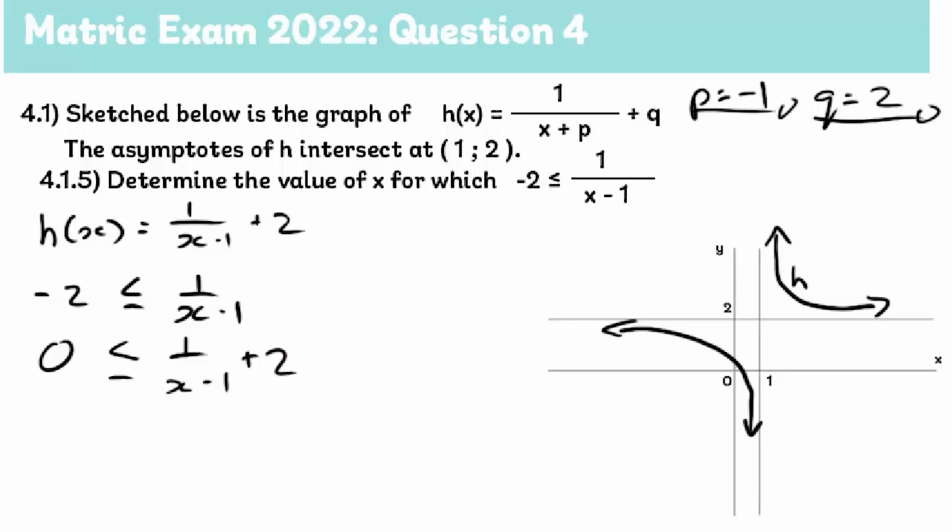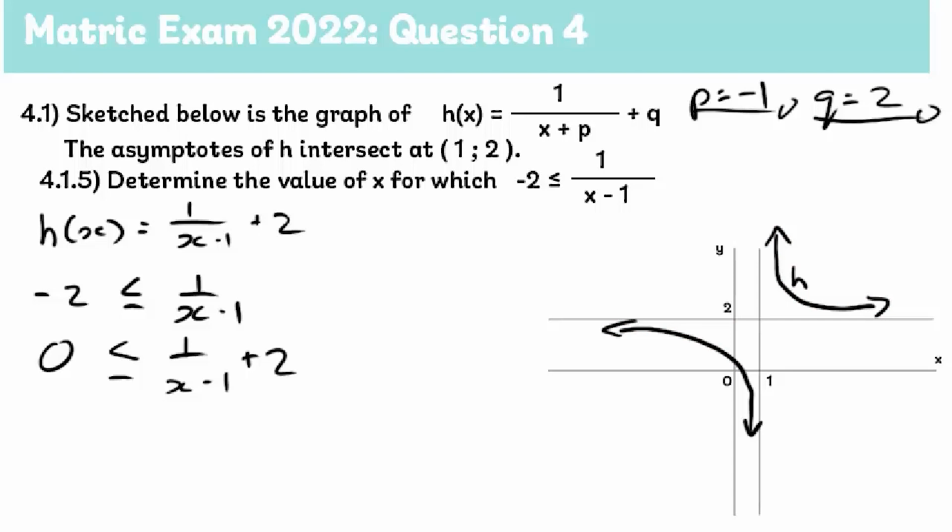At the same time, what we have to do now is ask the question again. What's the question asking? It's saying, which part of this function is greater than or equal to 0? And when we talk about 0, we're talking about the x-axis. So at which point is this graph above 0? We can see that it's above over here and over here.